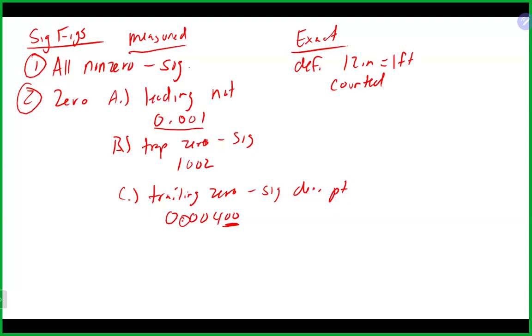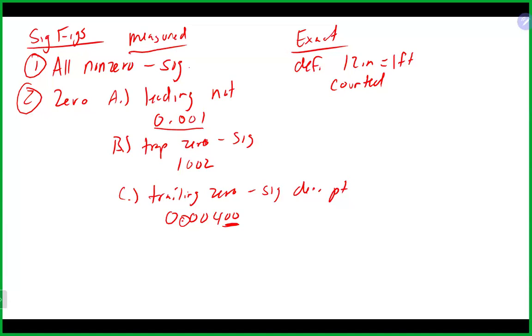So as we will talk about when we do calculations, we don't look at exact numbers to help us determine how many significant figures our answer should have. We only look at the significant figures in the measured numbers to help us make that decision, because exact numbers can have an unlimited number of significant figures.